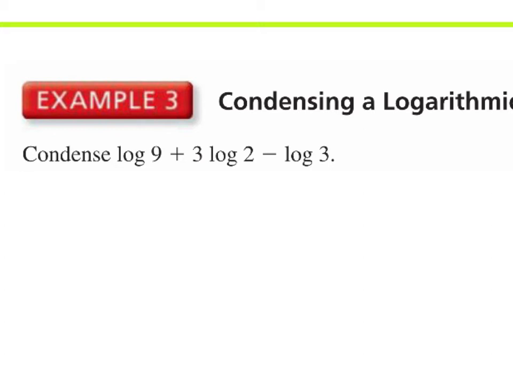Make the 3 an exponent because of 3 log 2. Awesome. We want to make this 3 an exponent. So we have log of 9 plus log 2 cubed minus log of 3.